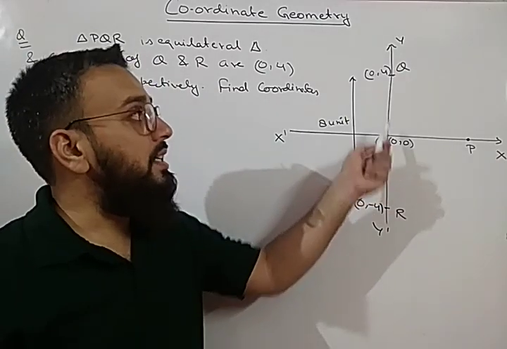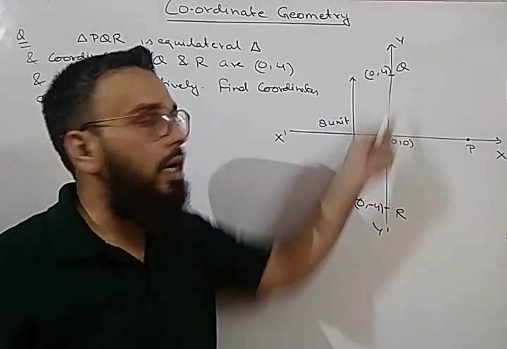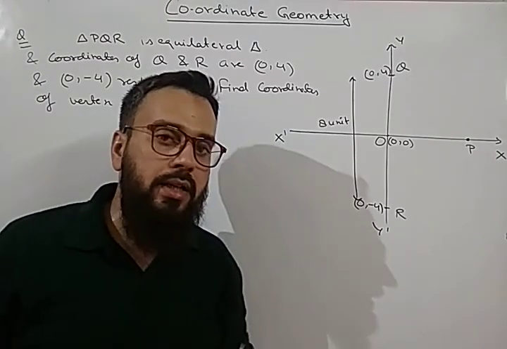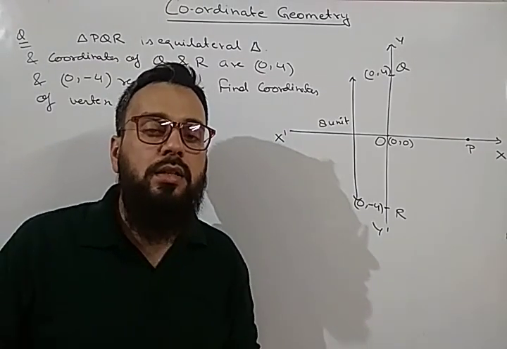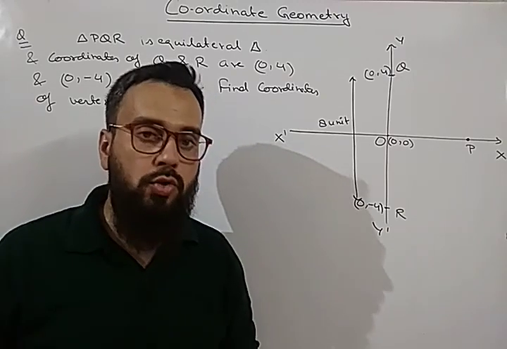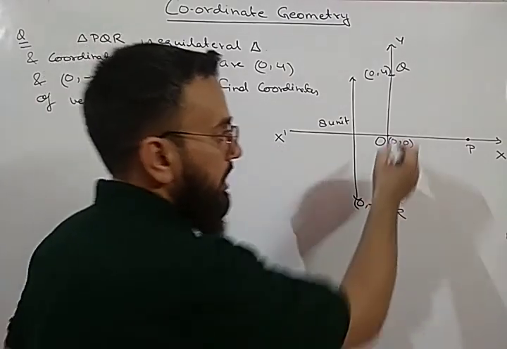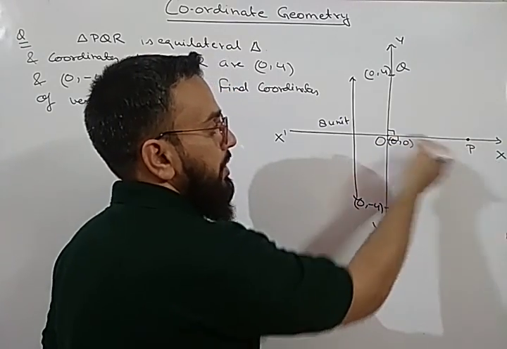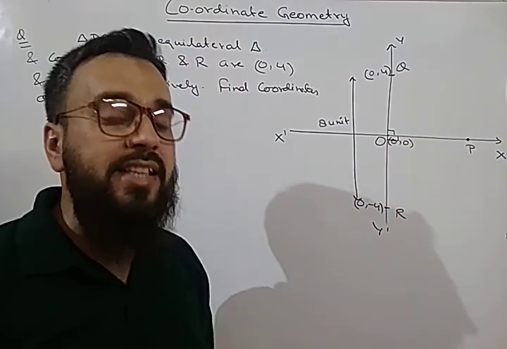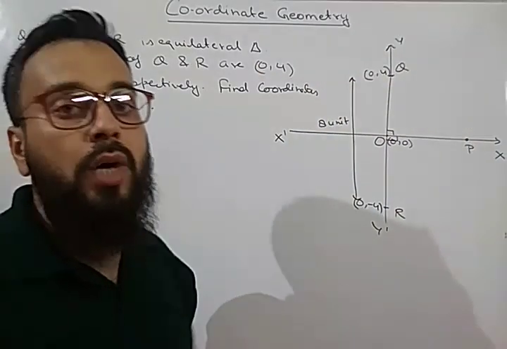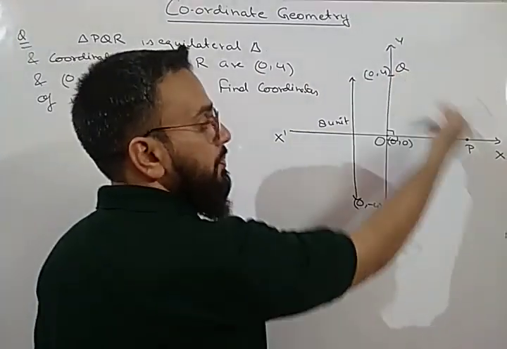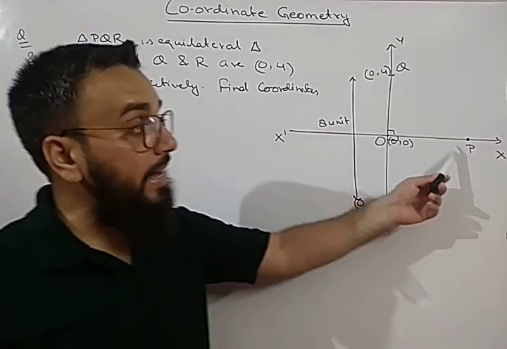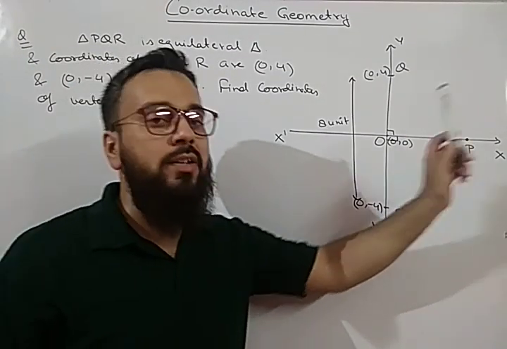So this origin is the midpoint of side QR, and I told you earlier that the median of equilateral triangles and isosceles triangles are also altitudes of those 2 triangles. So this is perpendicular. This angle is 90 degrees. It means this PO will be the altitude as well as the median of the triangle PQR. It means the third vertex should lie on the x-axis, meaning point P should lie on the x-axis.